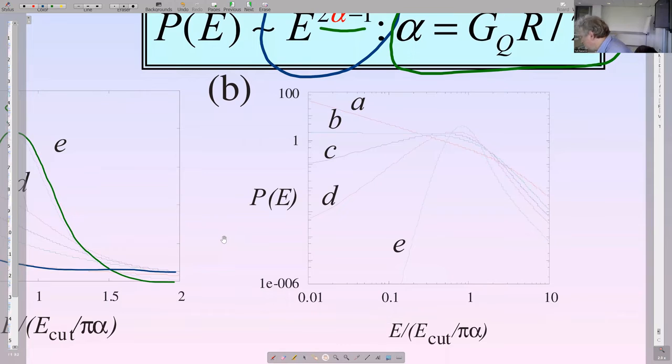So log of probability versus log of energy. A power law in this case corresponds to a straight line, and indeed I see straight lines with different slopes. Fine. That was this probability of energy loss.